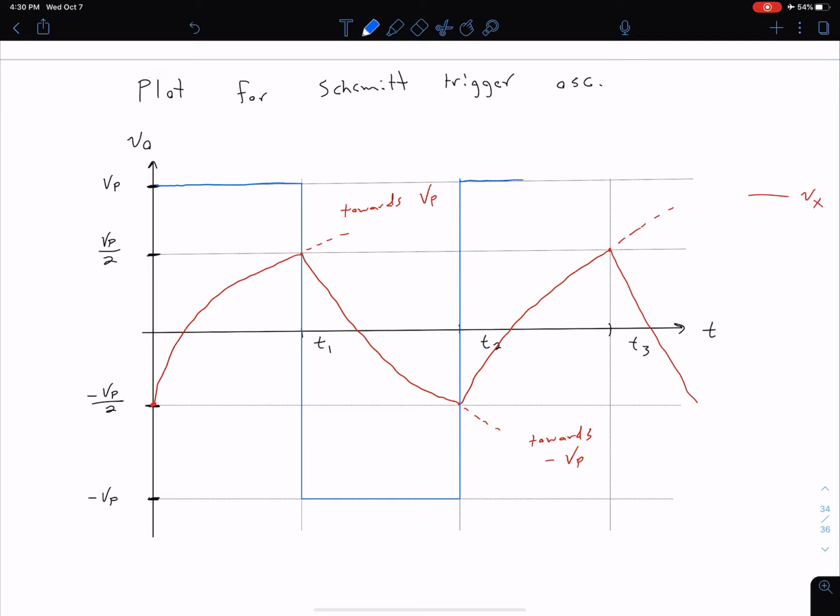And we stay at our V high until we hit that transition of VP over 2, and then we go to our low state. So you can see everywhere that we're charging towards VP, we're high. Everywhere that we're charging towards negative VP, we're low. So this blue curve would then be our output voltage. Okay, so that's sort of the general qualitative plot.